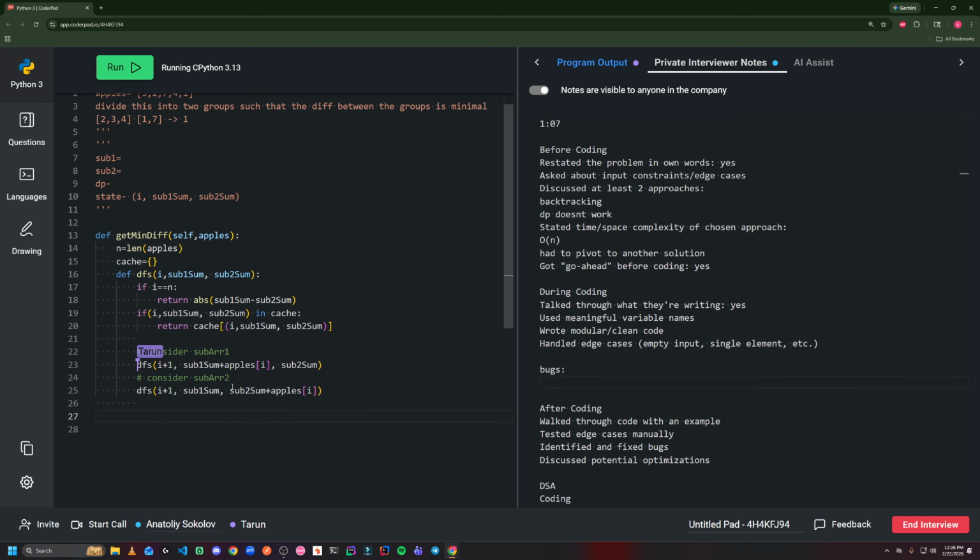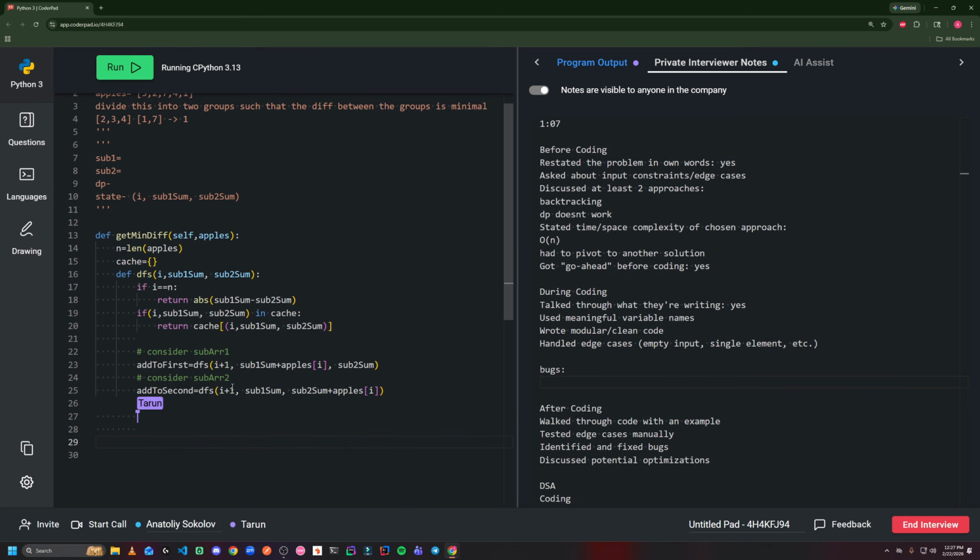And I'm going to take both. What can I name this? Add to first, add to second.